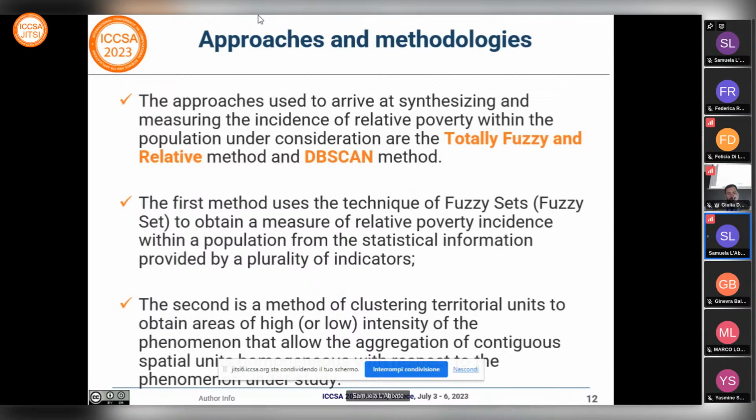To overcome the limitation of the traditional approach, it is necessary to broaden the analysis to include a wide range of indicators of living condition, and at the same time to adopt mathematical tools to adequately account for the complexity and vague nature of poverty.